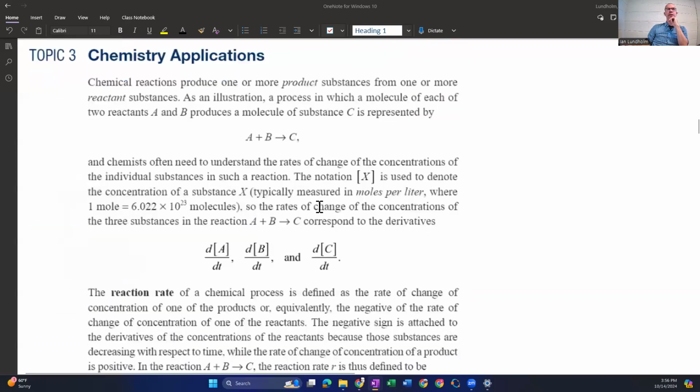Chemistry. I'm sure that you are all somewhat familiar with chemistry. A chemical reaction might take in a couple of reactant substances and then produce a product in the end. And the idea is that we can capture something called the reaction rate.